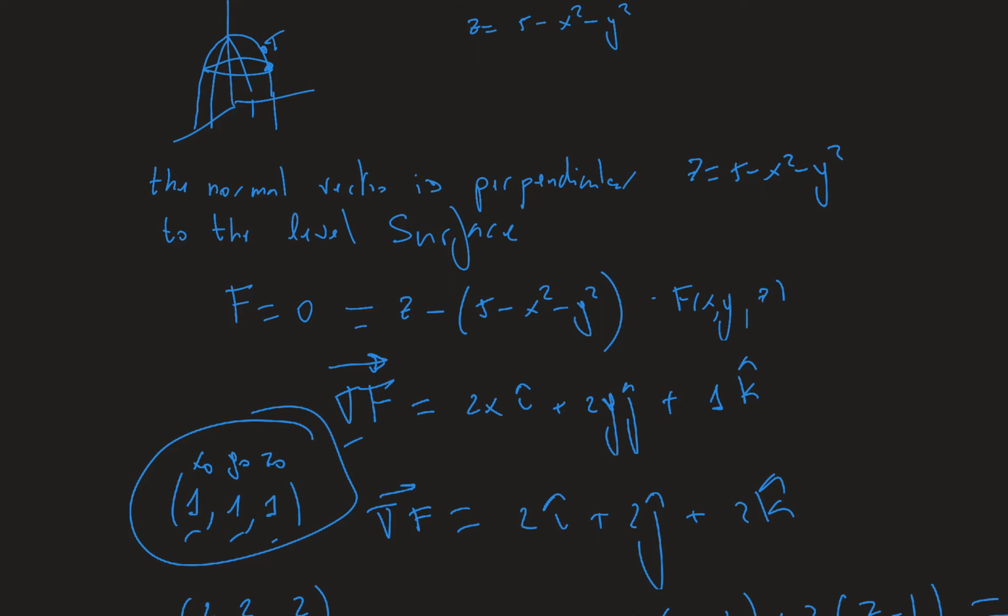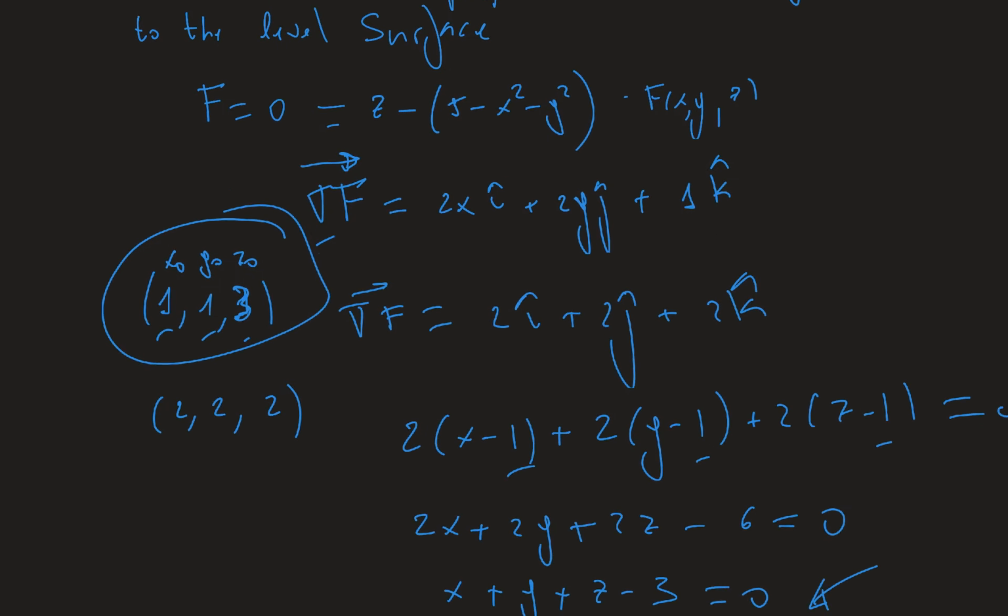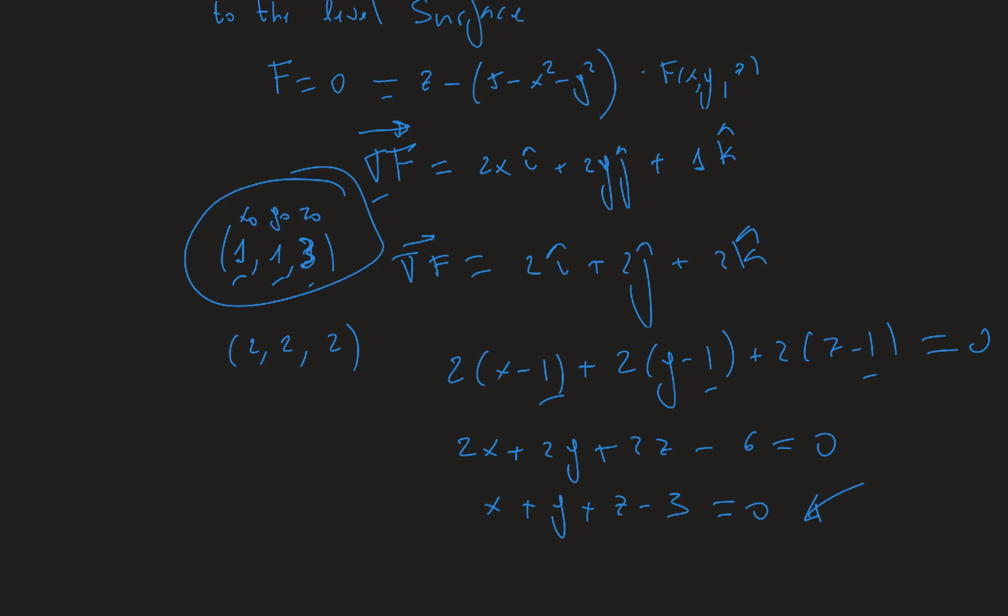The function at 1, 1 is 5 minus 1 minus 1, which is 3, so the point is 1, 1, 3. So now it makes sense.